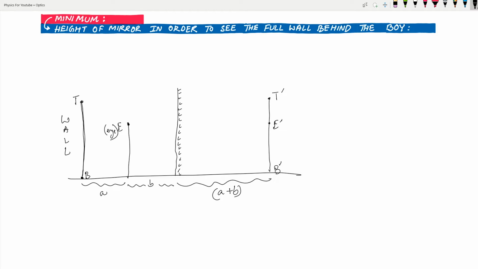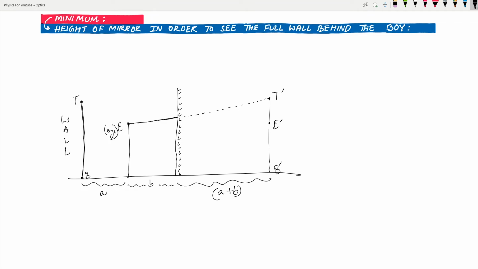Now, in order to see the full height of the wall, the ray should come from the top as well as the bottom. Suppose a ray is coming from the top of the wall and entering the eyes of the boy. I have drawn this line dotted because this is a virtual line. It's not an actual line, but it seems to come from that position.